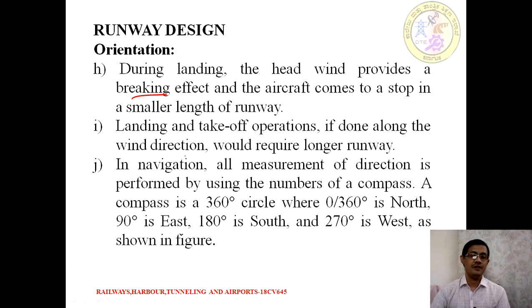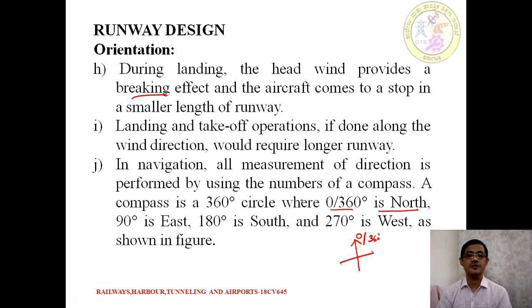Similarly, for ease of navigation, all measurements and directions are measured with the numbers of a compass. A compass is always a 360-degree circle. So we have 0 or 360, which is always measured at north. For example, if it is north, we have 0 degree or 360 degree.